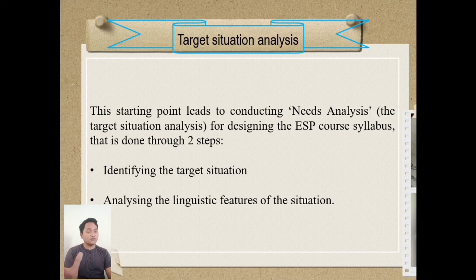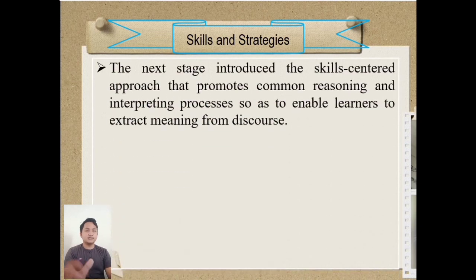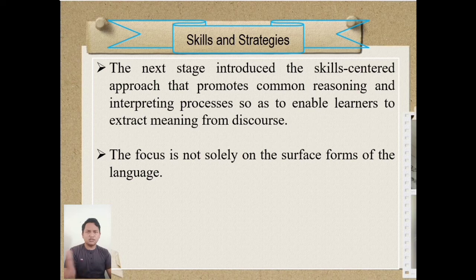And then after that, we have to make a target syllabus and skills and strategies. There are two points that we have to analyze. The first one is the target situation, and now skills and strategies. For the next stage, we introduce the skill-centered approach, which promotes reasoning and interpreting processes so as to enable learners to extract meaning from the discourse.